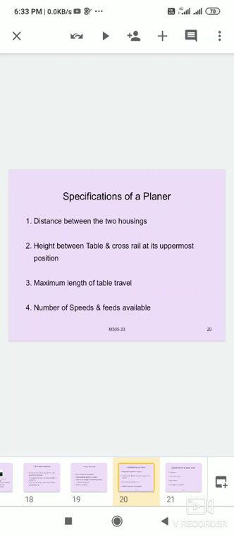In the electric drive, a separate motor is used to operate the feed mechanism. It is effective, and modern planers are provided with an electric drive feed mechanism.